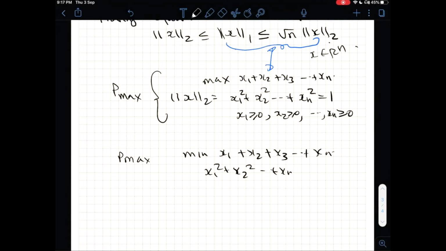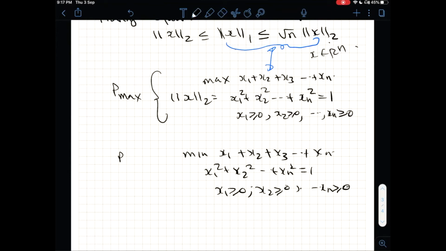The constraints are the same, the sum of the squares up to xn square is equal to 1. The only thing is that you are now trying to minimize the objective function rather than maximize it.